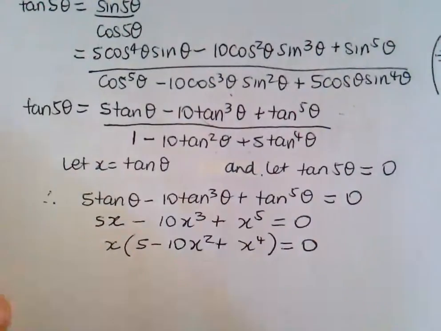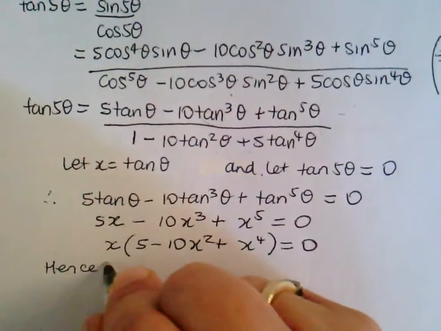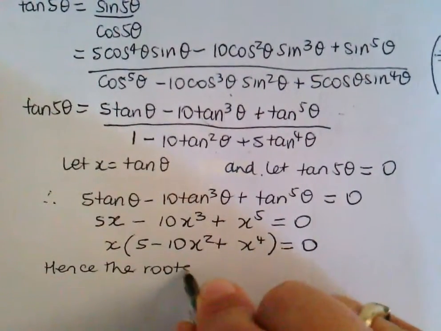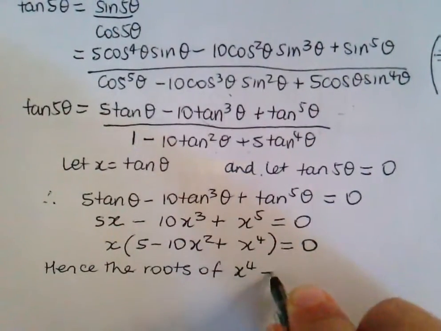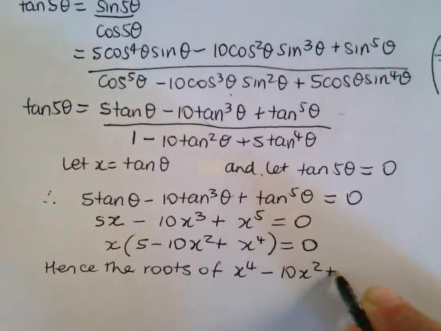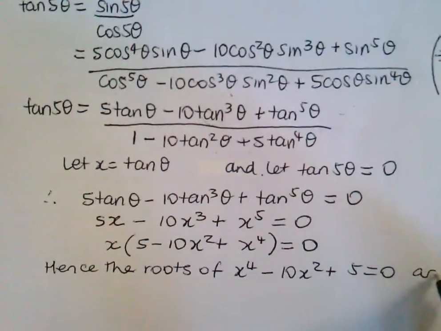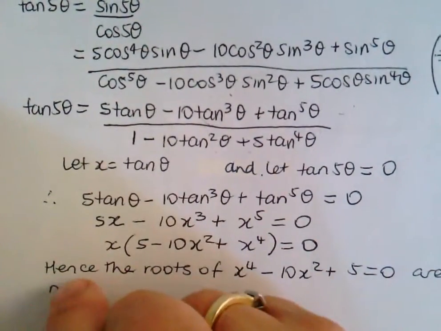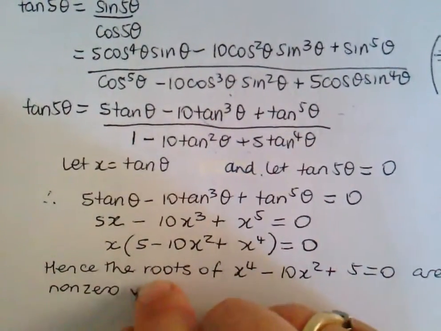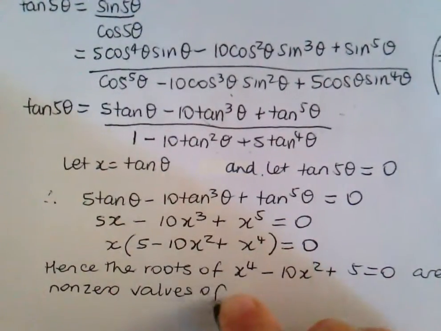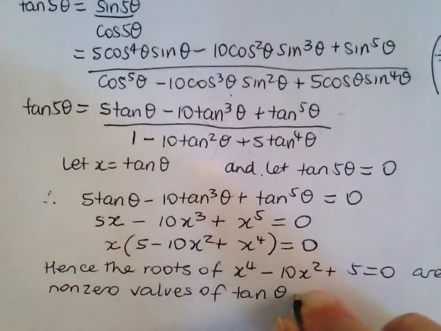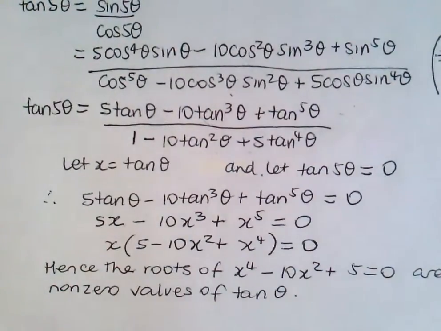So, hence, the roots of x to the power of 4 minus 10x squared plus 5 equals 0 are the non-zero values of tan theta. Now, I'll explain what that means.